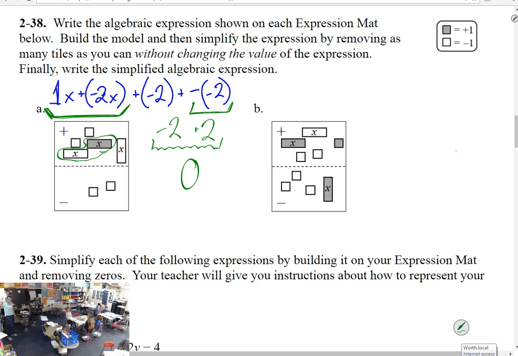They are opposites of each other, and we get left with a negative x tile, just one of them. So we have -1x plus 0, which can be simplified as just negative x. That's correct. Try B on your own if you have yet to do so.